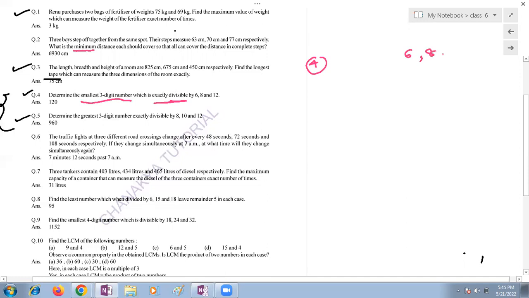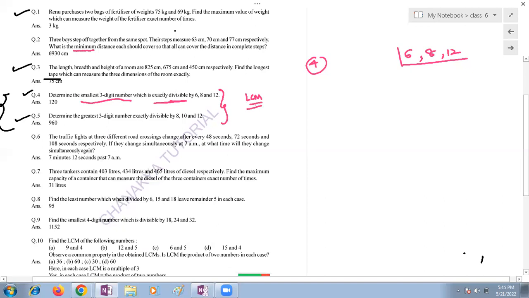Not LCM only, we are supposed to find here. My dear children, first listen. In these exceptional cases, I said these two questions ask to find the smallest number, largest number, 3-digit number, 4-digit number. In such cases you need to find only LCM.